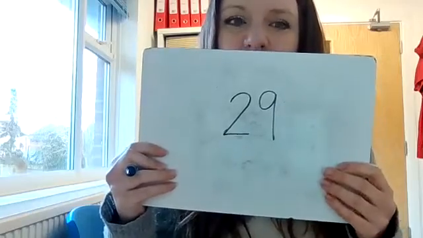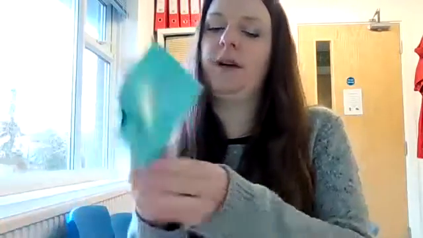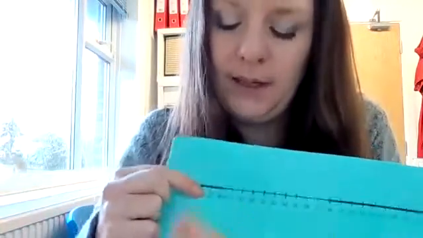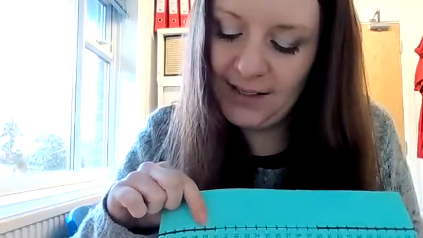I hope you said 29. What is 1 less than 29? So again, if I'm not sure I can find my number line, I'm going to find 29 on my number line. 1 less than 29. I jump back 1 space to 28. 1 less than 29 is 28.